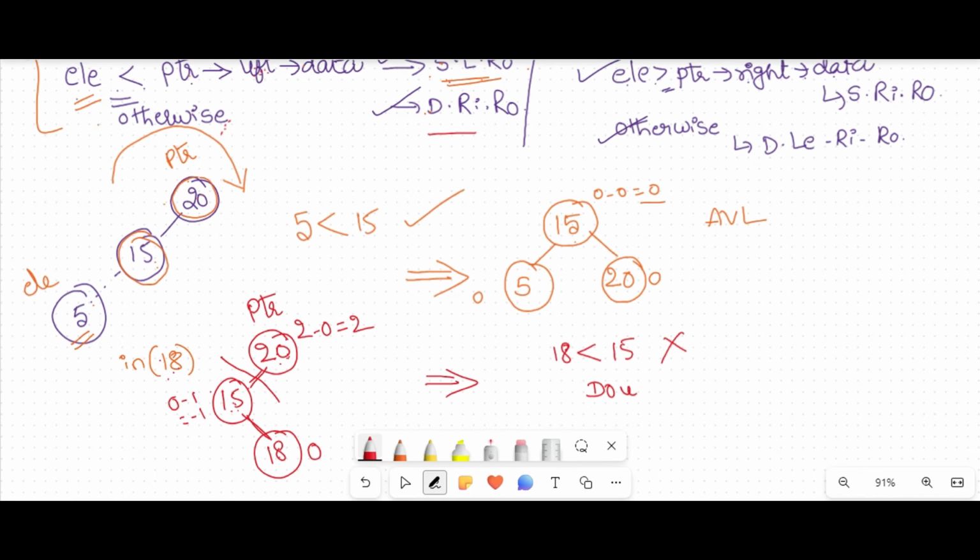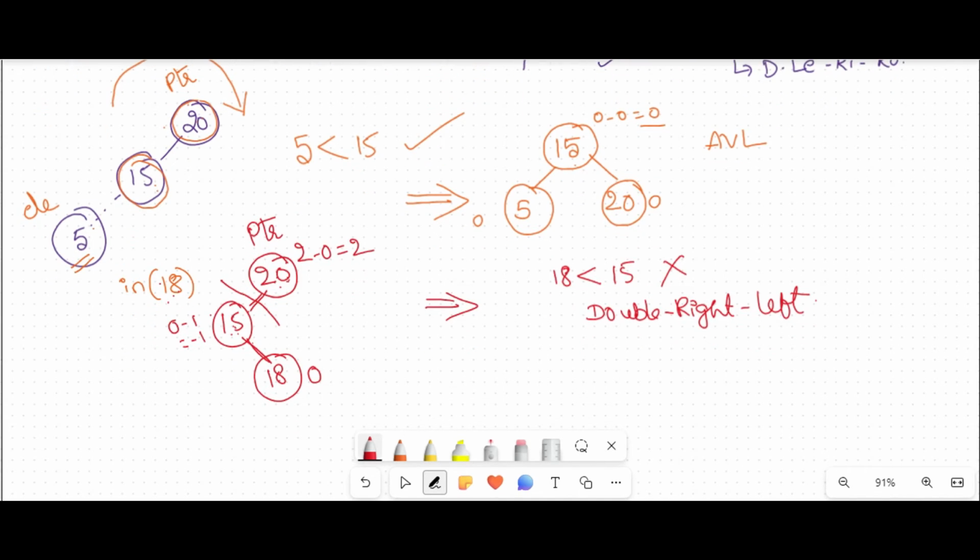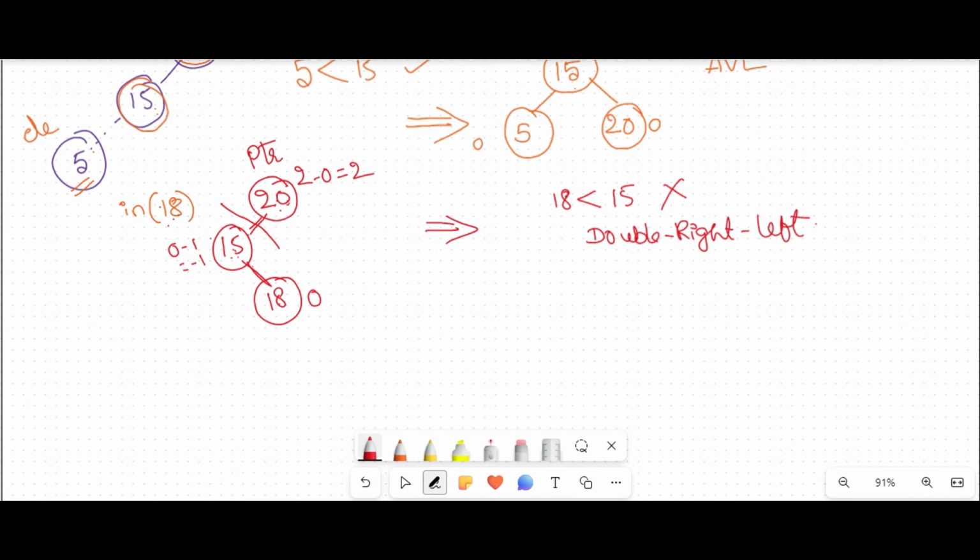Then we have to apply double right left rotation. Now in double right left rotation, what we have to apply here is, first apply single right rotation at a child.